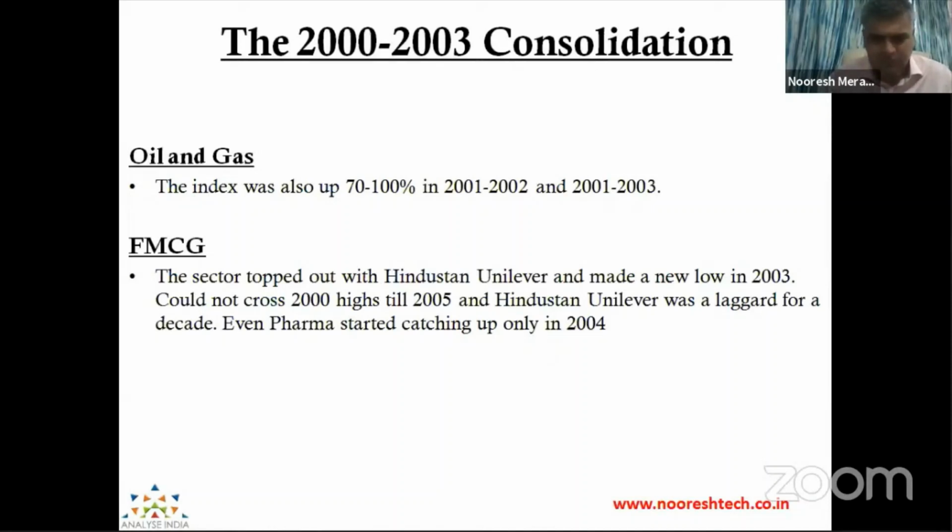At the peak in 2002 to 2003, Hindustan Unilever was almost 10% to 12% of the Nifty and Sensex. So it was the largest weight in the index and did nothing for the next 10, 12 years. Even pharma stocks did not recover in 2001 to 2003. They recovered only in 2004 onwards.